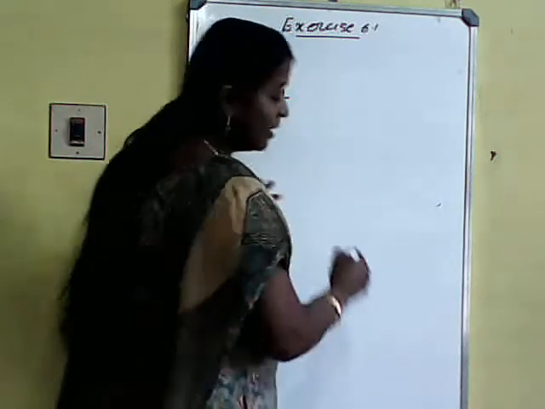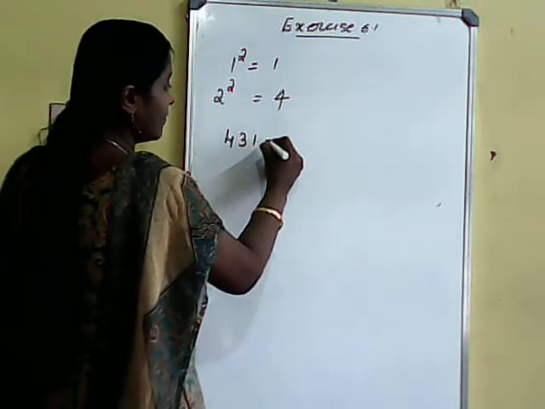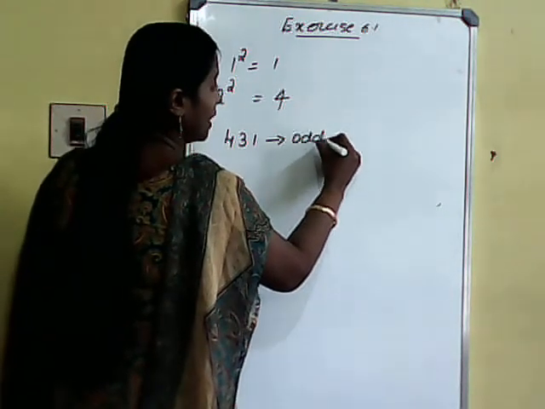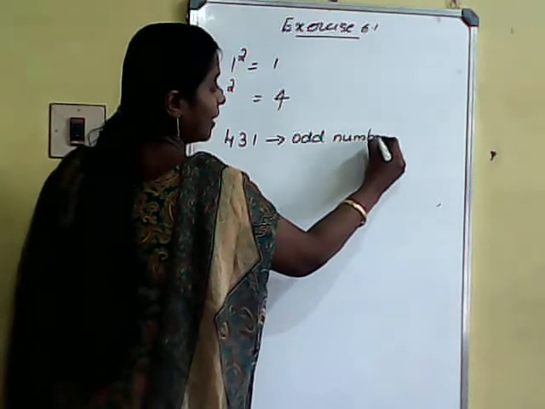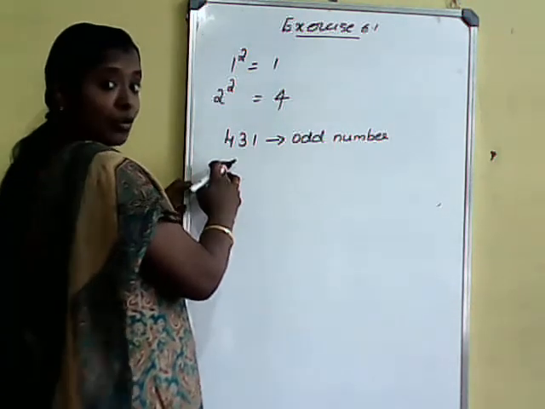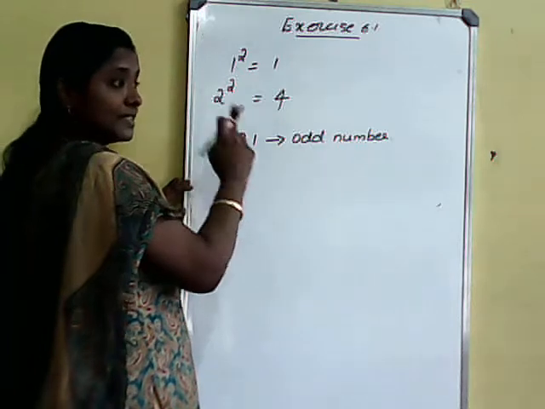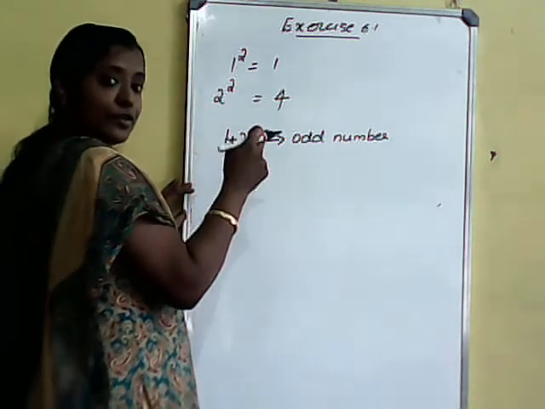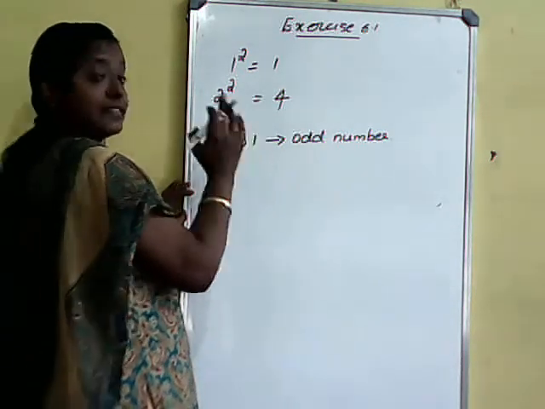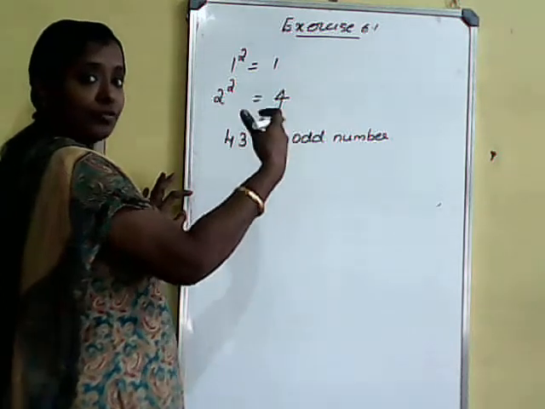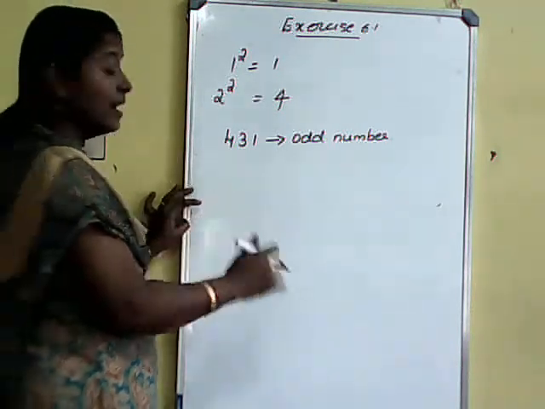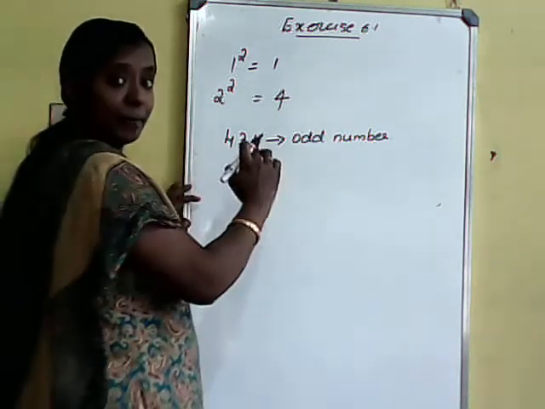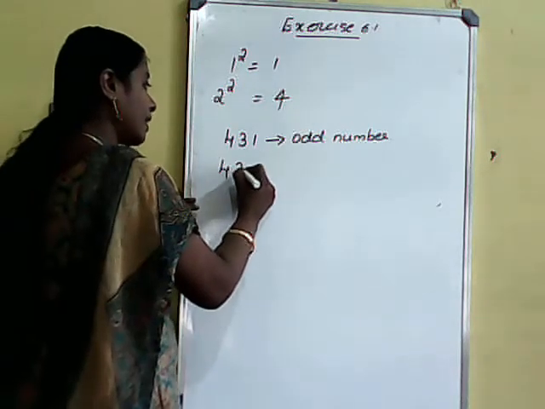So first one, 431. 431 is an odd number. Okay. How to check whether this number is odd or even? Because if the units place is 1, 3, 5, 7, 9, it is an odd number. If it is 2, 4, multiples of 2, it is an even number. Clear? So 431 is an odd number. So what is its square coming?